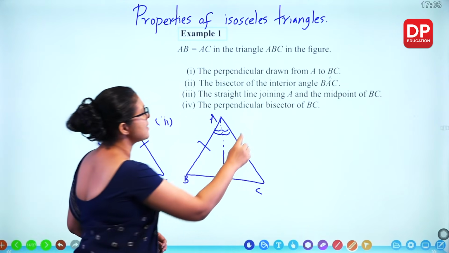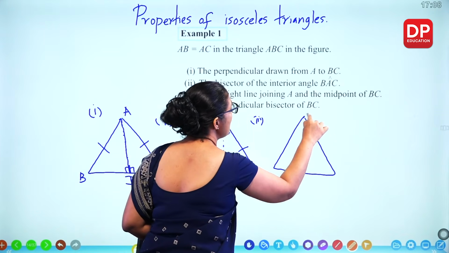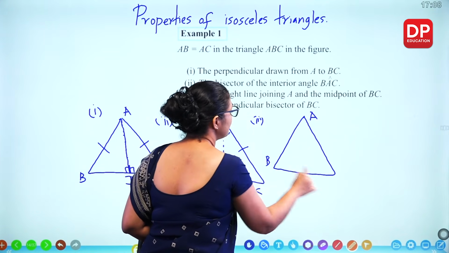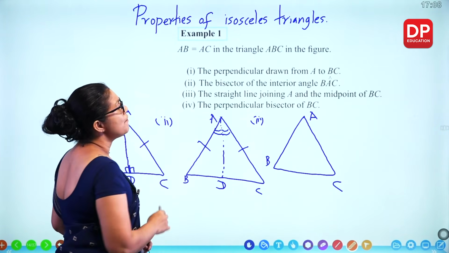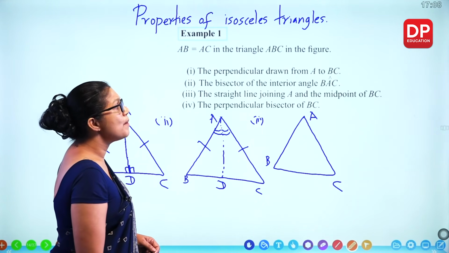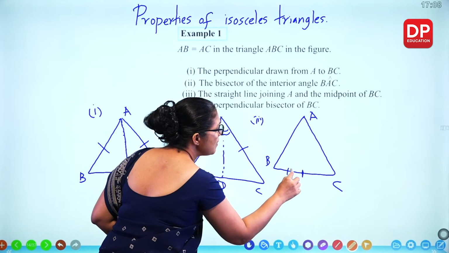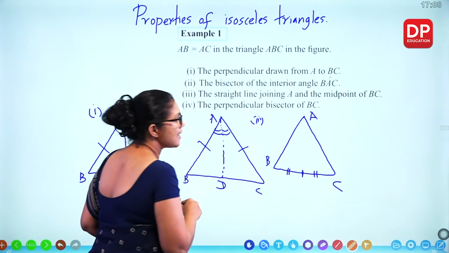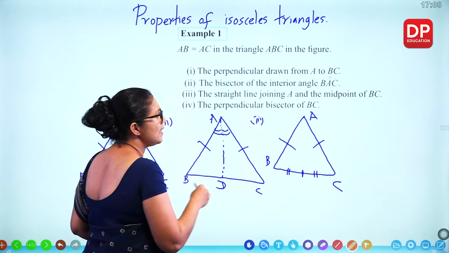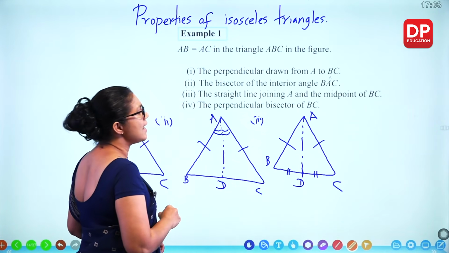And the third part says, when you take the triangle ABC, and if you take the line joining A and the midpoint of BC. So if you take the midpoint of BC, if these two lengths are equal, when you connect that line, we'll take this also AD.